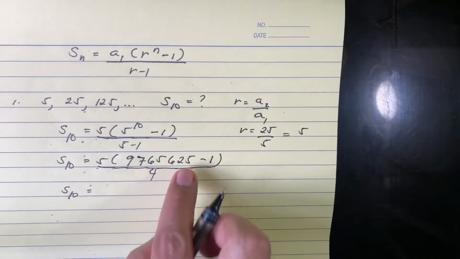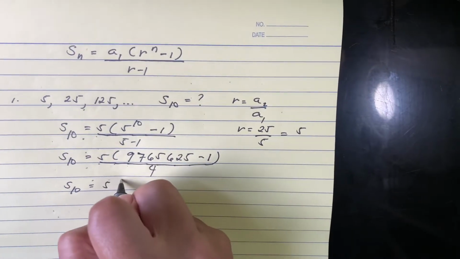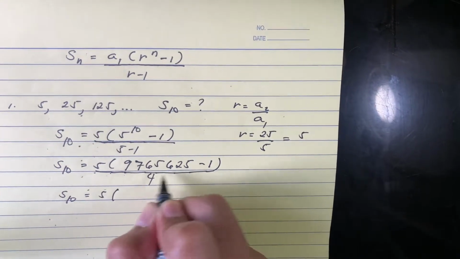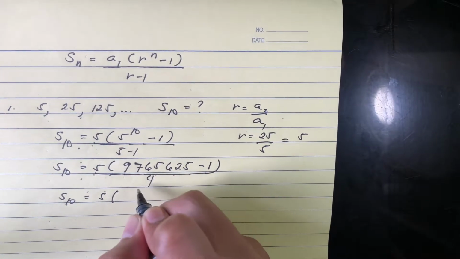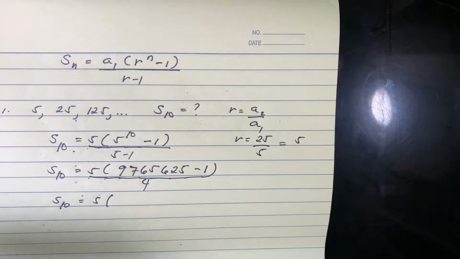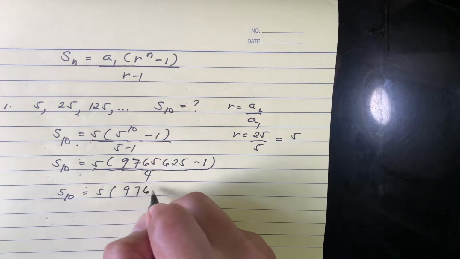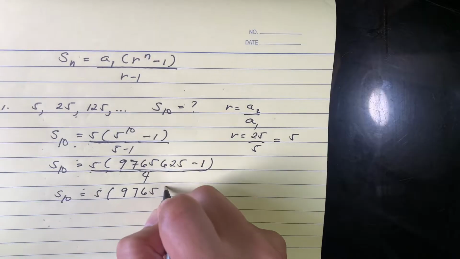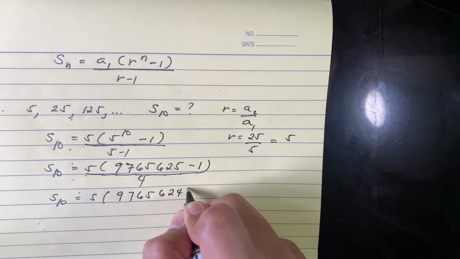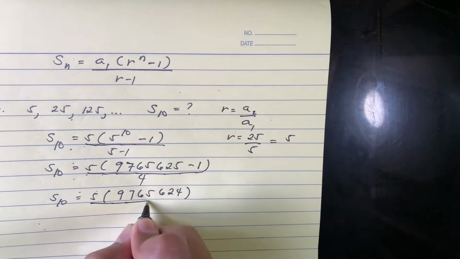We are going to subtract this by 1. So 5 times the difference between these two numbers. We have the answer, 9,765,624. Then divided by 4.